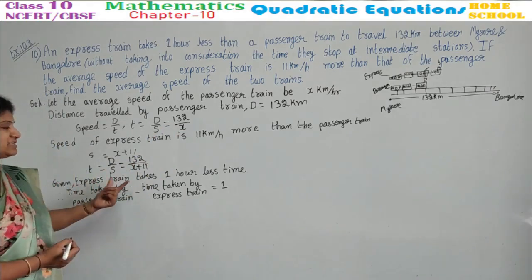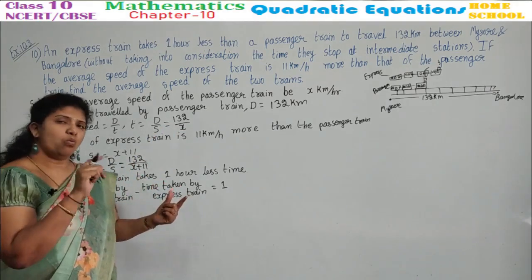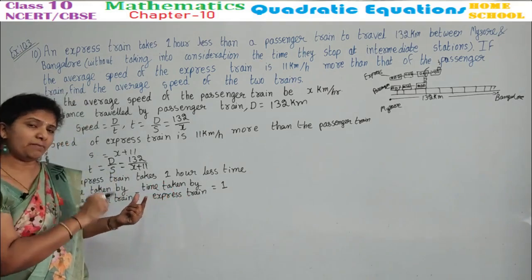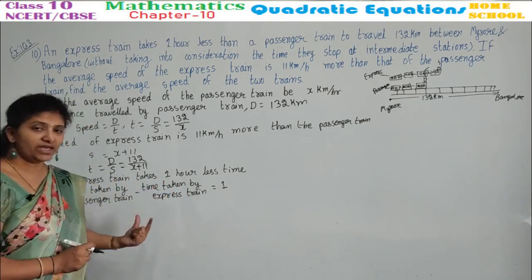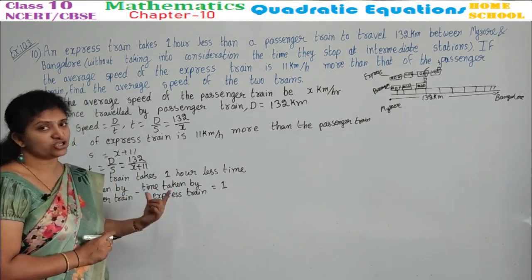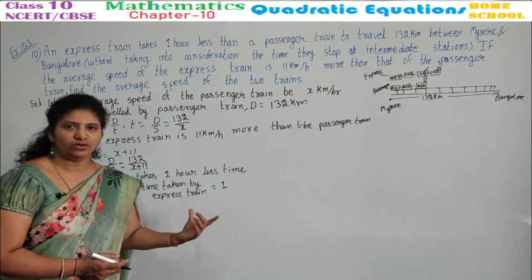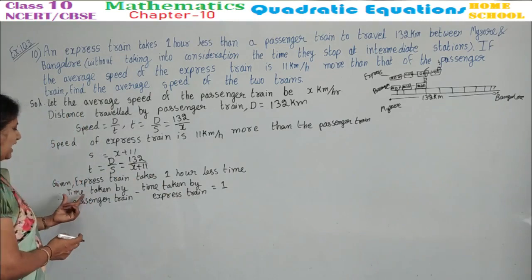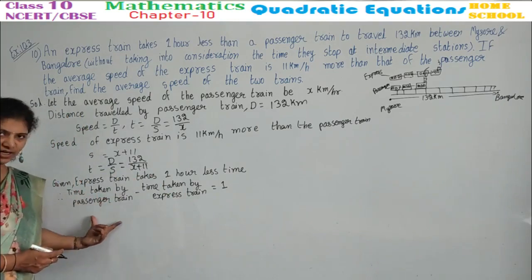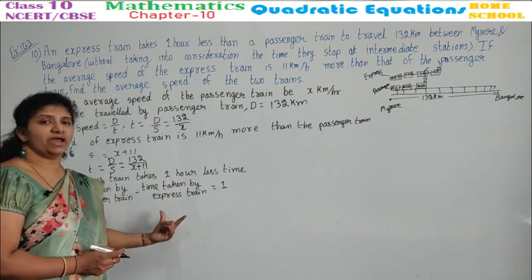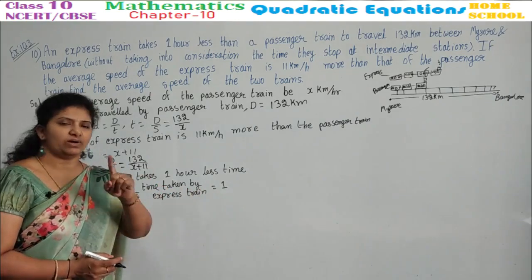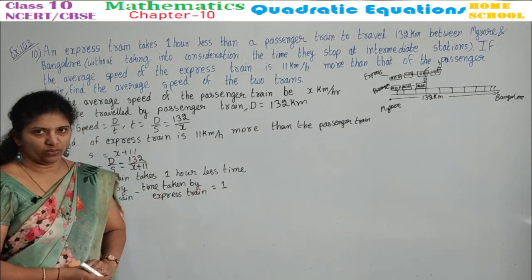Now, it is given that the express train takes 1 hour less than the passenger train. Now we need to frame the equation in such a way that we get a quadratic equation and then find the roots. Time taken by the passenger train minus time taken by the express train is equal to 1 hour.